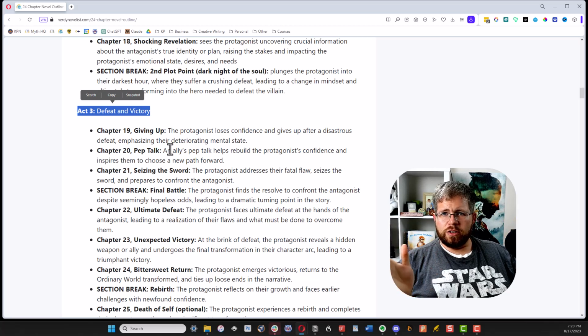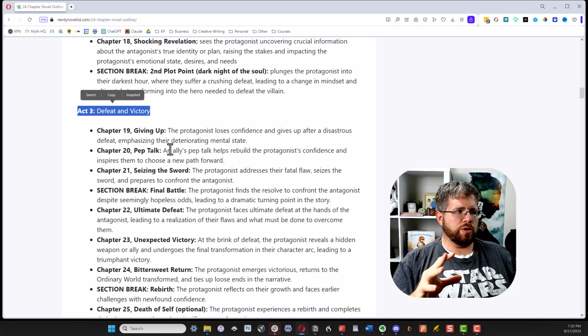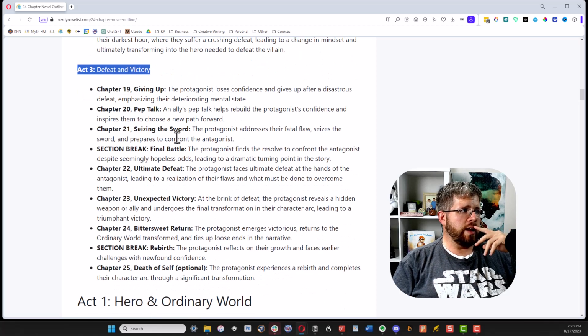So there are other structures out there like Save the Cat, for example, that has a couple of other recommendations. You'll find a lot of overlap between all of these story structures, but this one really is modeled off of the 3-act structure with a couple of things from the hero's journey and other things thrown in.